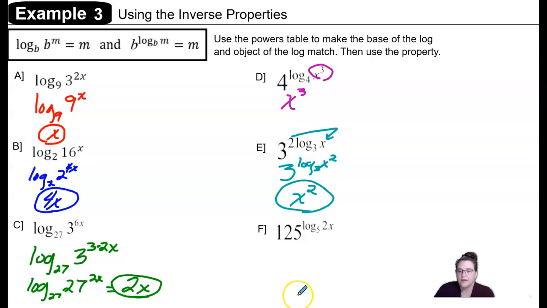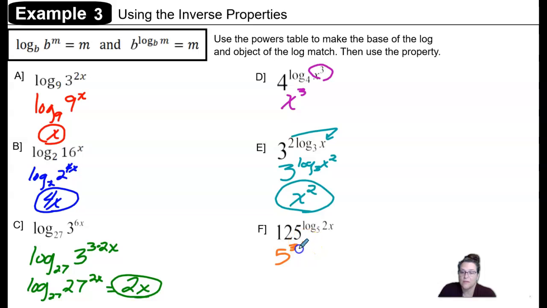Okay, then in example F, 125 raised to the log base 5 of the quantity 2x, and we can't change the base of the log. So to get these bases to match, we're going to have to rewrite 125 as a base of 5. And 125 is 5 raised to the third power.